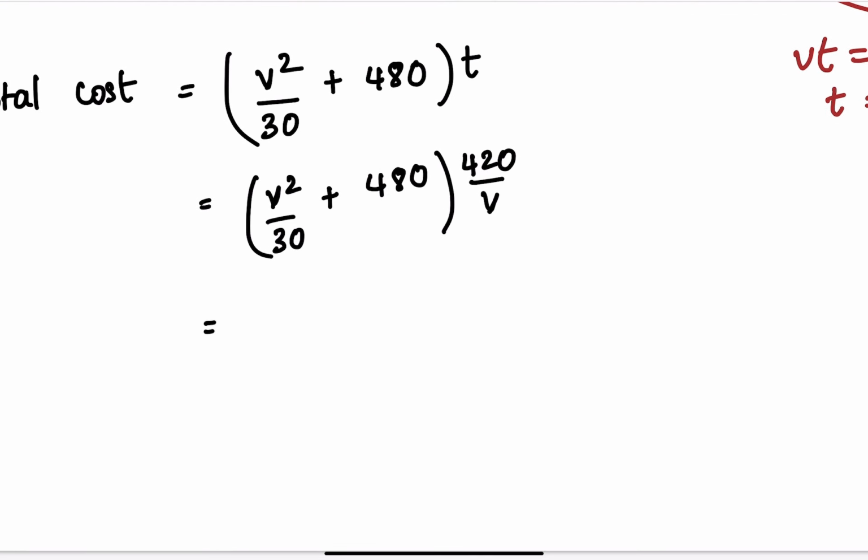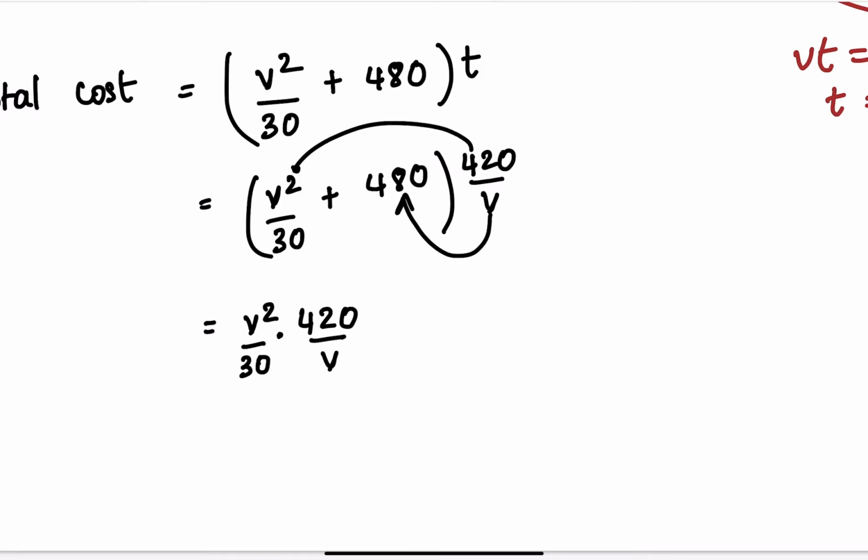I'm going to multiply V squared over 30 times 420 over V, and distribute, plus 480 times 420 over V. V cancels. What do I have?